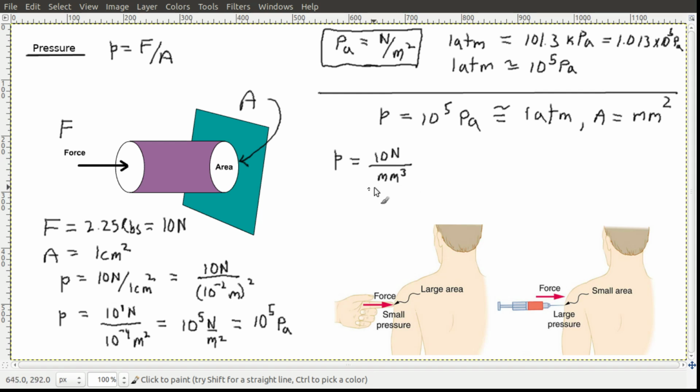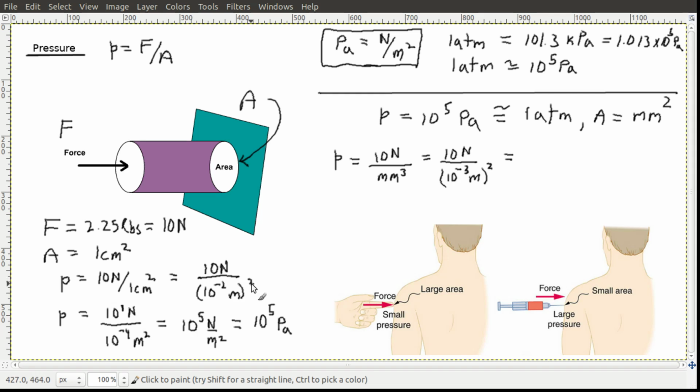Okay, and again, that's not wrong, but it's not in SI units. So to get that in SI units, what can I do? I can go, okay, 10 newtons divided by, and remember, a milli is 10 to the minus 3 meters, but that's got to be squared. It's not a volume. It's a surface area, not a volume.